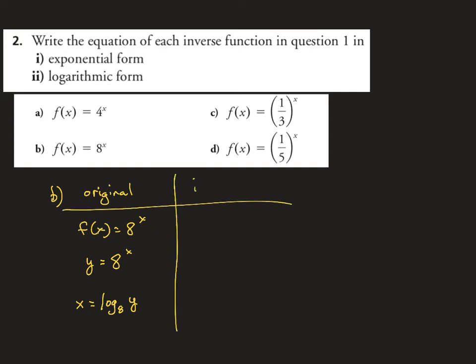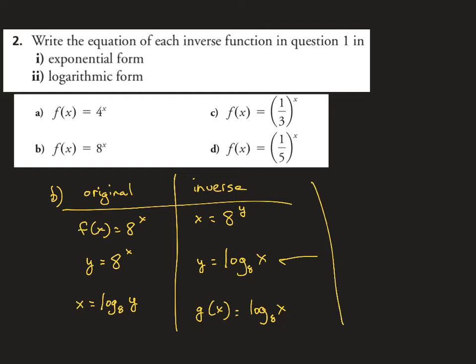Our inverse, which is what we're supposed to do for this question, will be x equals 8 to the power of y, or we could say y equals the log base 8 of x. Since this is a function as well, we could rewrite that as g of x equals the log of x base 8.